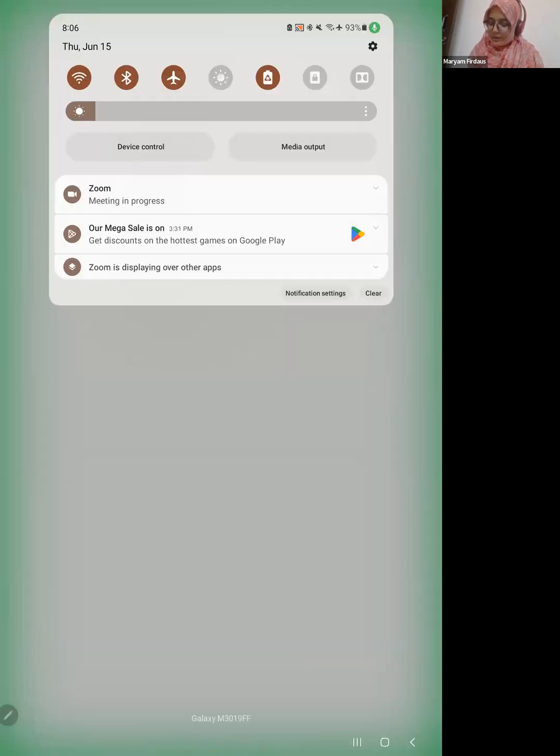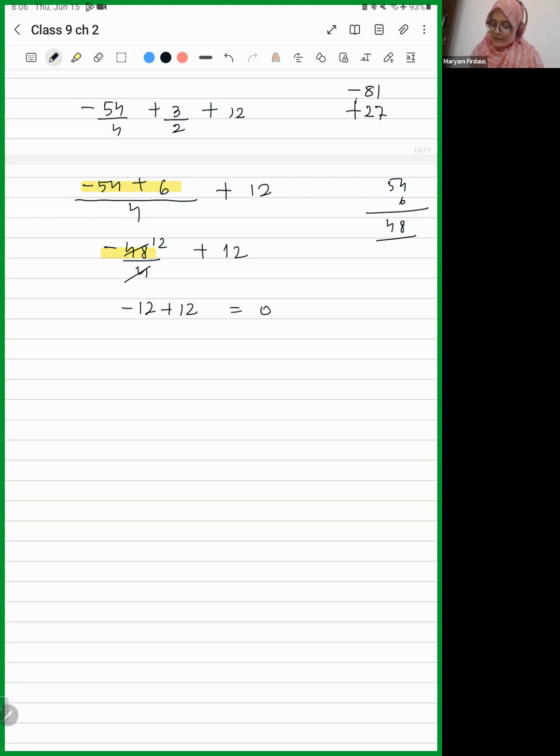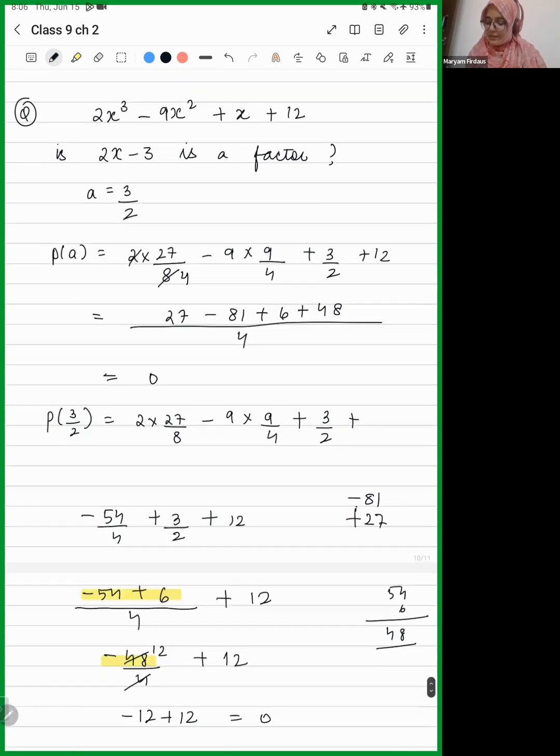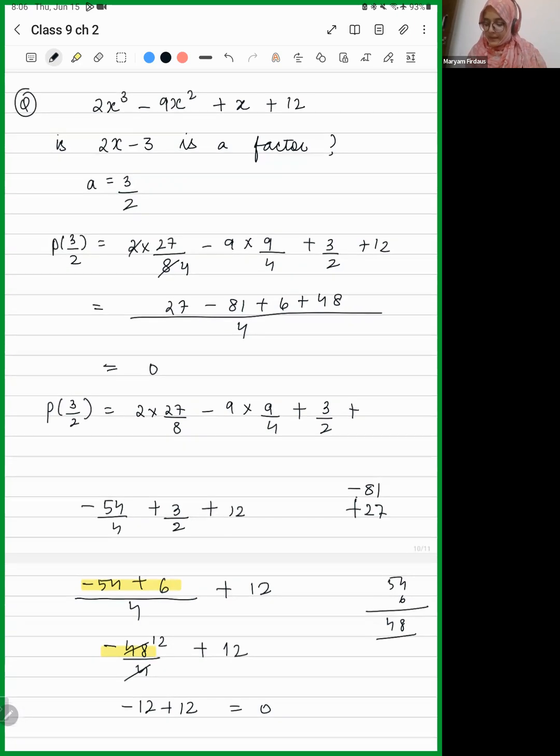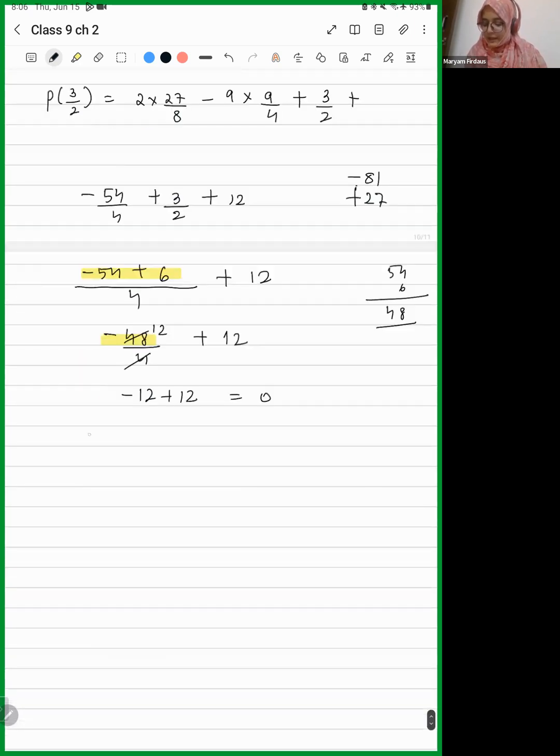So what are we getting finally? We are getting P of 3 by 2 is equal to 0. And that means that x minus 3 by 2 is a factor.